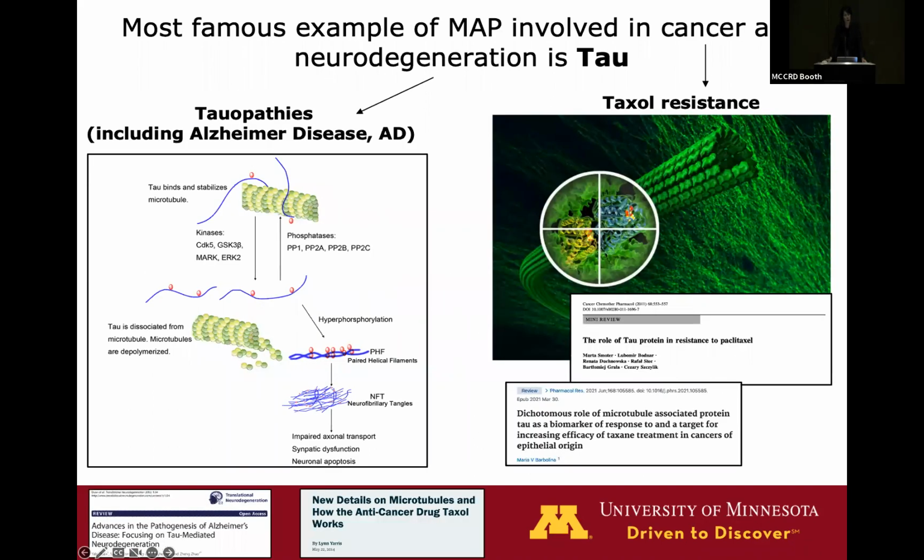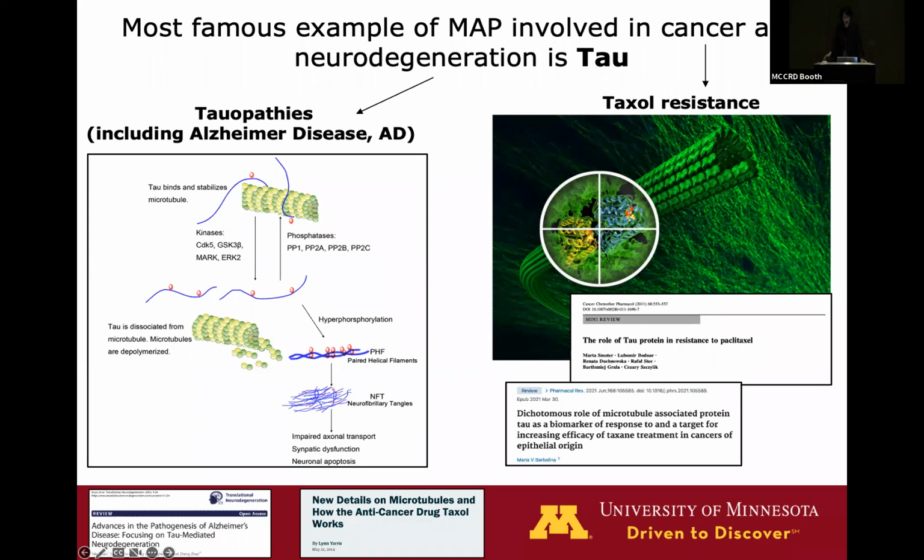So the most common example of a microtubule-associated protein that is involved in both Alzheimer's disease, in this particular case, and cancer is tau. If you look to the left, tau is involved in a group of neurodegenerative diseases that take the name of tauopathies.